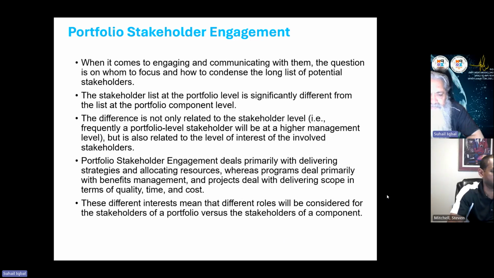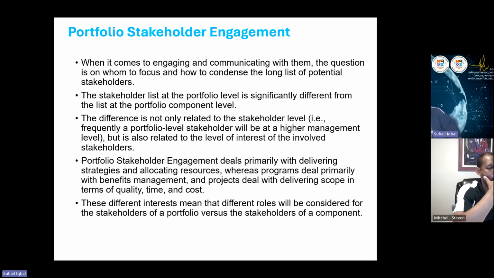These different interests mean that different roles will be considered for the stakeholders of a portfolio versus the stakeholders of a component. But I don't say that a person who is a project stakeholder cannot be a portfolio stakeholder, but not all the people who were the project stakeholder or the program stakeholder can be portfolio stakeholders.